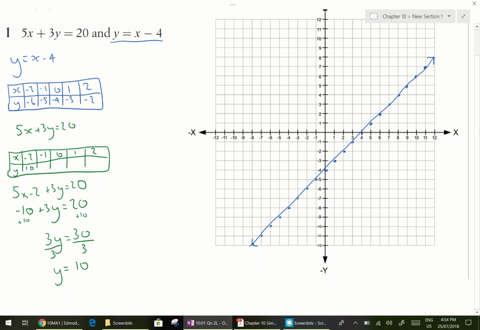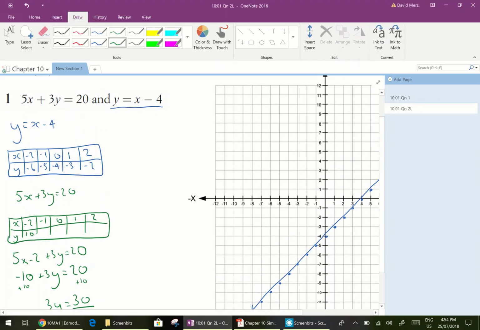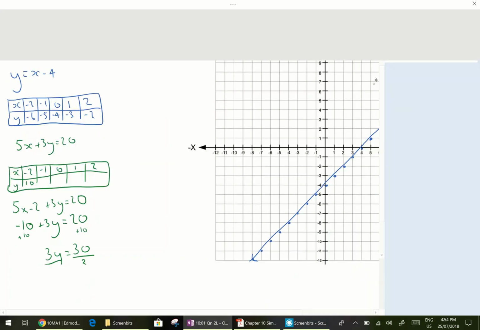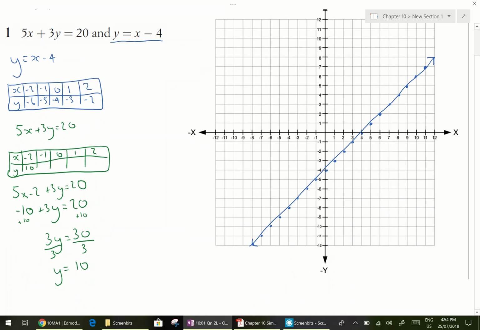I might pick another color again. Black. Let's try and get the pattern in just 2 points. I'm going to pick -1 now for x. So 5 times -1 plus 3y equals 20, and we get -5 plus 3y equals 20.